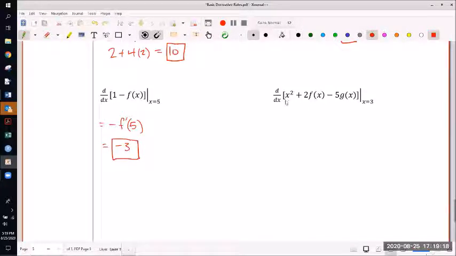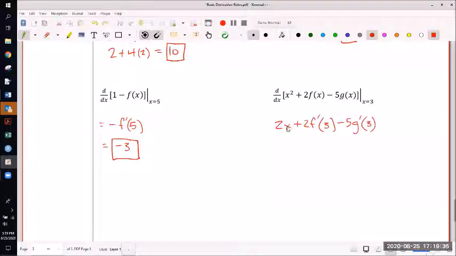Okay, here I'm going to take the derivative of x squared, which is 2x. Then I'll have 2 times f prime of x when x is 3, minus 5 times g prime of x when x is 3.